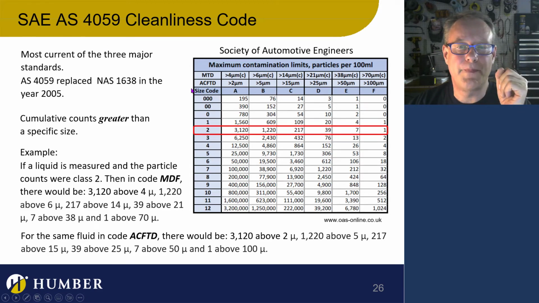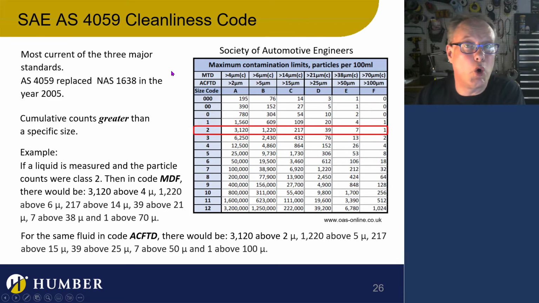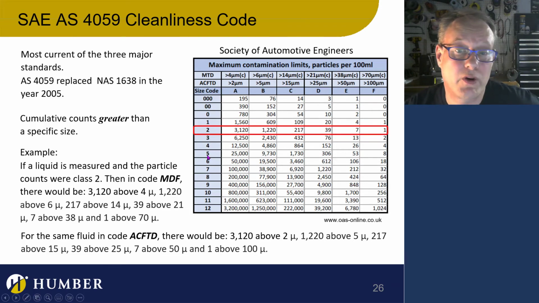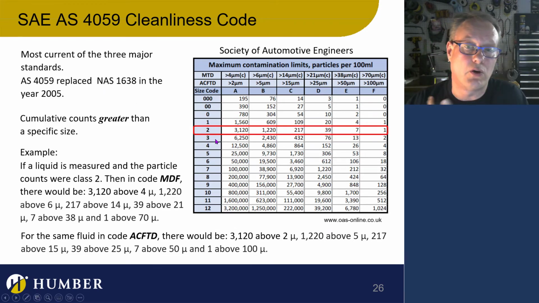So it may say MTD, AS 4059, and the actual code is going to be MTD 2 or 3 or 5 or 6 or 7. Or you may see ACFTD, and then also it'll be a 2. But a 2 for ACFTD is different than a 2 for MTD.